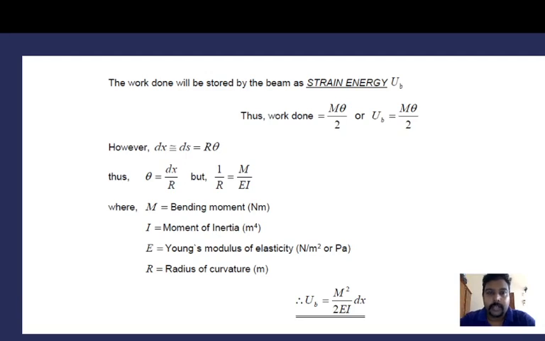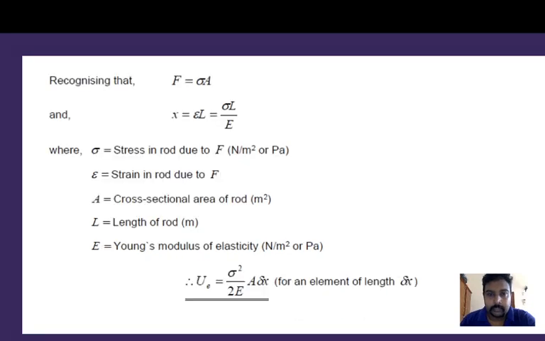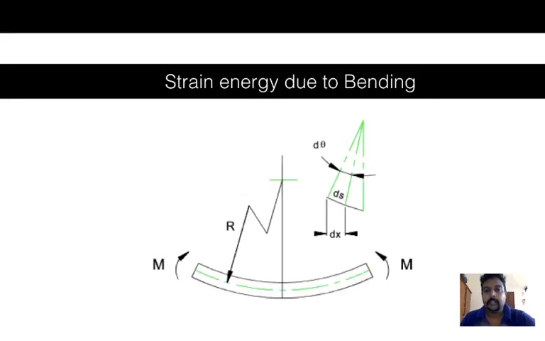So the work done will be stored by the beam as strain energy. The work done, as previously, is half moment times theta. This is the force and the deflection. If you go to the earlier slide, you can see there's a small deflection d theta, and as you know ds is equal to R d theta, but this ds is quite small, so it can be equated to dx.